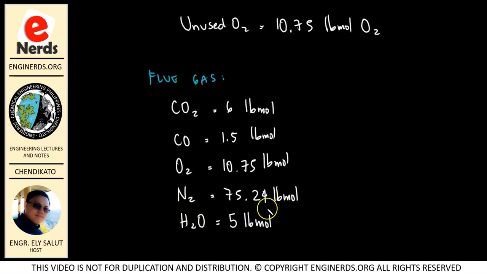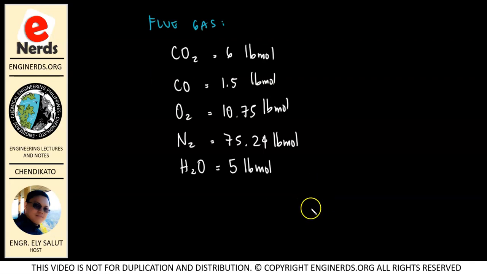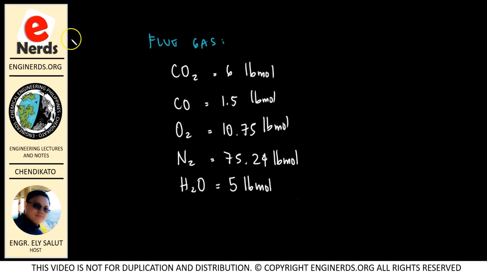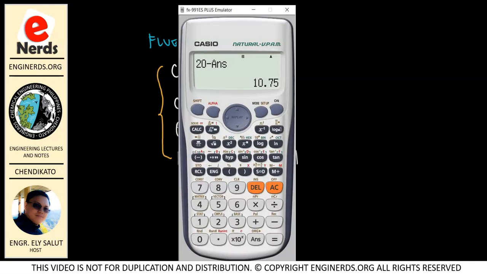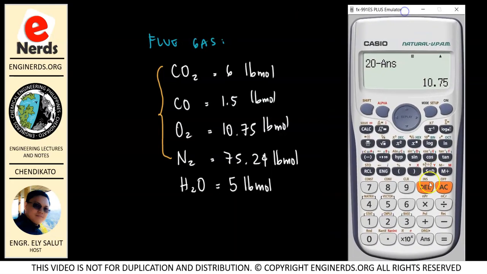Okay. Now, tulad nung napag-aralan natin last time, no, in getting the ORSAT analysis, we will take the percentage of all our component except for water. So, aalisin natin itong water. So, ito lang yung kukunin natin. So, kunin natin yung total pound mole ng ating mga gases except for water. Okay?